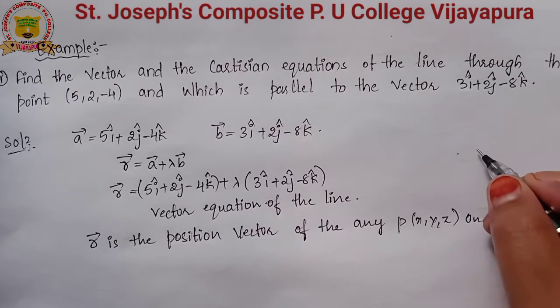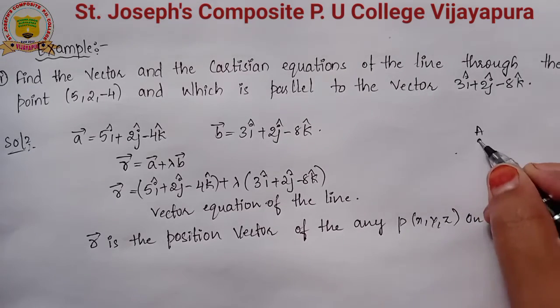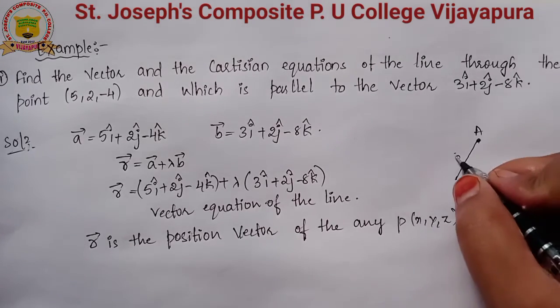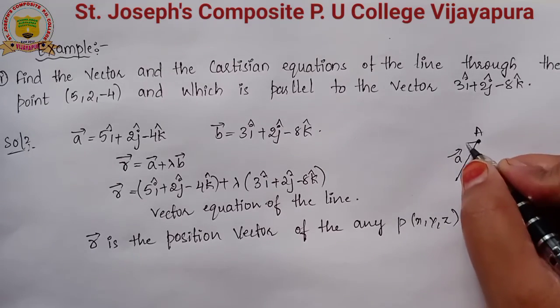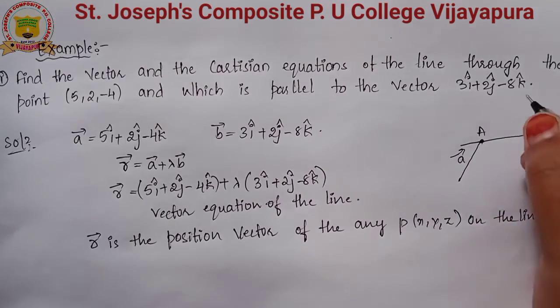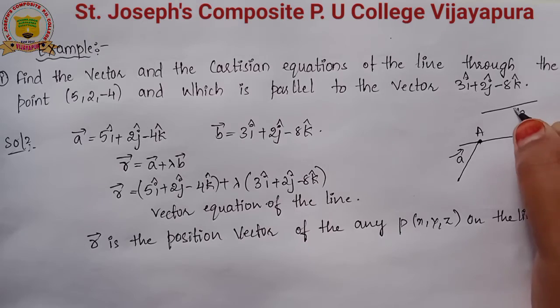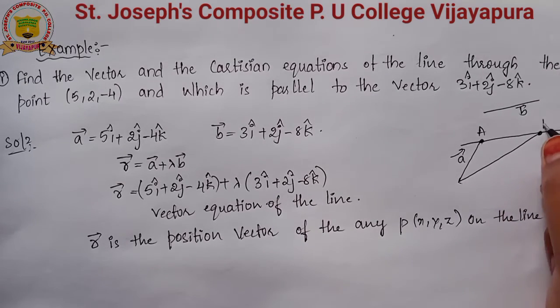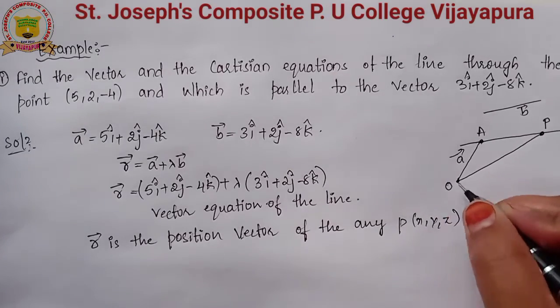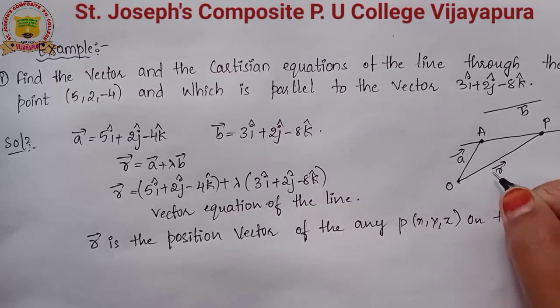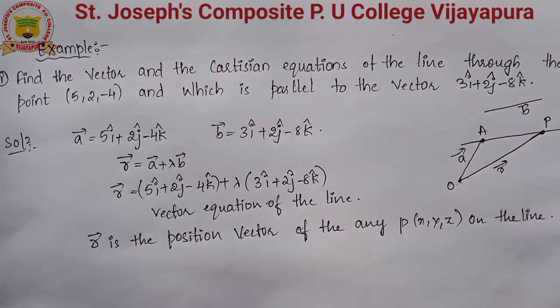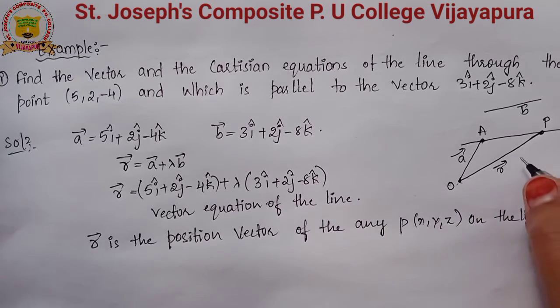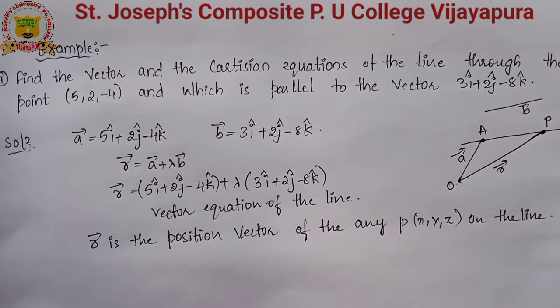Well, this is your point A with position vector A, and this is your line L which passes through the given vector B. I will take any point on the line L as P. This is your origin, and this is the required equation of the line. So here P is any point on this line.